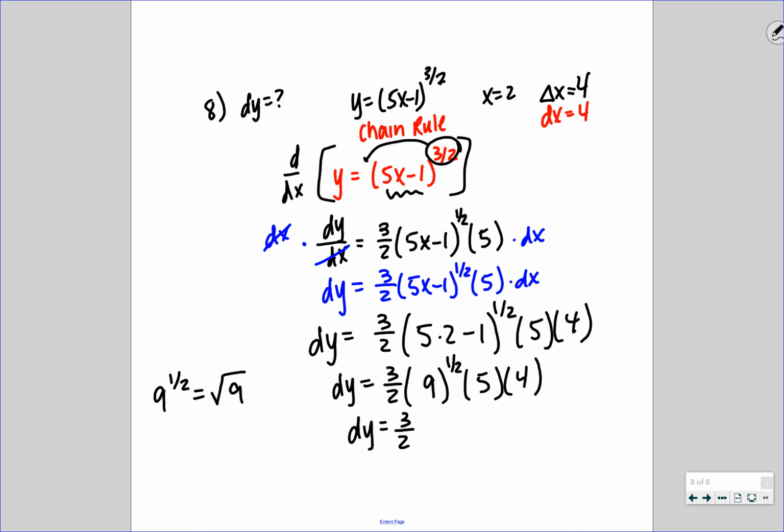So I have 3 over 2 times 3 times 5 times 4. 2 is going to go into the 4 twice. dy will be 3 times 3, which is 9, times 5 is 45, times 2, 90.